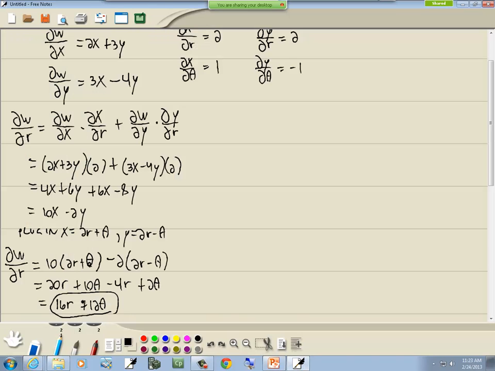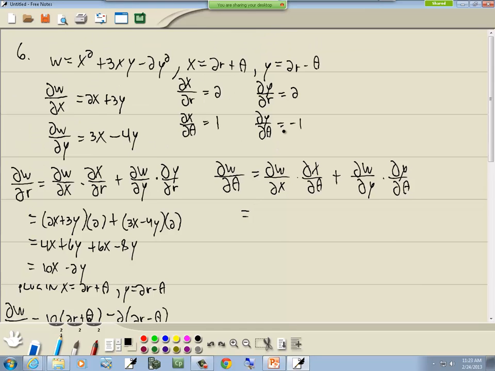Okay, now let's find the other one. We're going to find the partial of w with respect to theta. That's going to equal the partial of w with respect to x times the partial of x with respect to theta, plus the partial of w with respect to y times the partial of y with respect to theta.